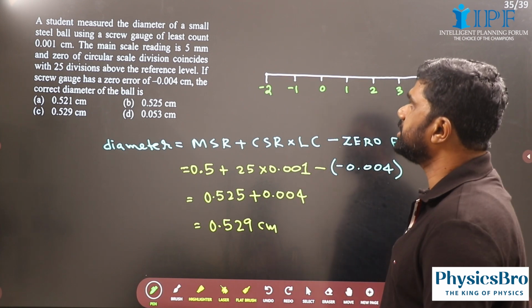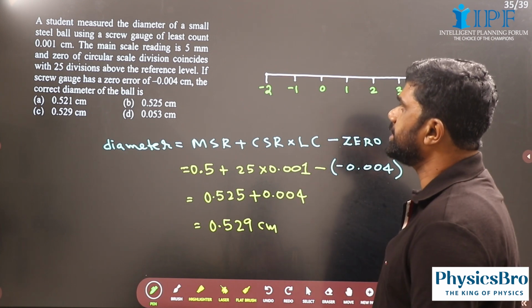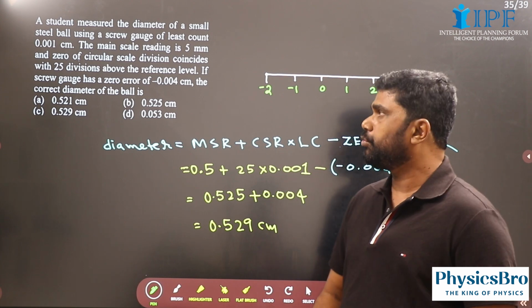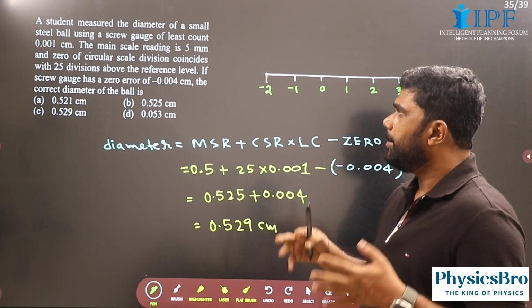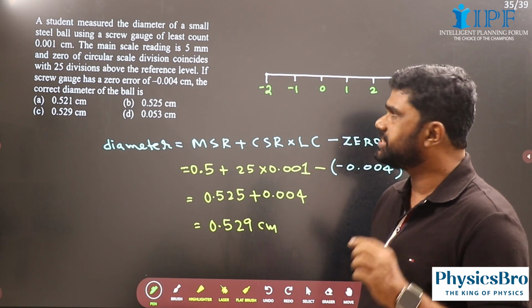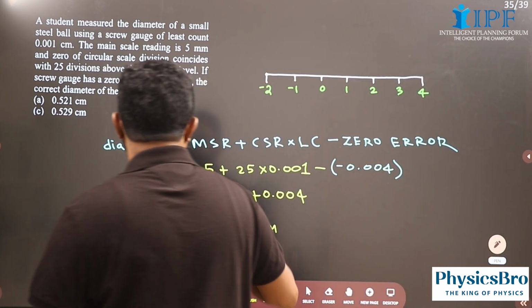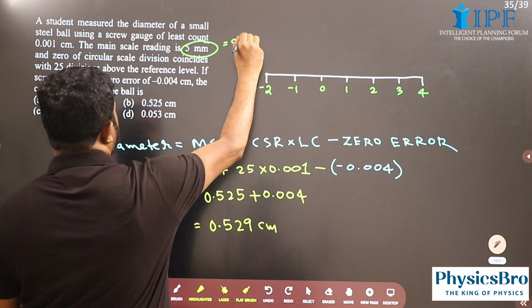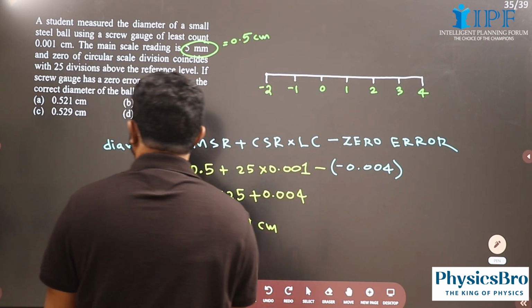A student measured the diameter of a small steel ball using a screw gauge of least count 0.001 centimeter. Main scale reading is 5 millimeter, that is 0.5 centimeter. That is the main scale reading.